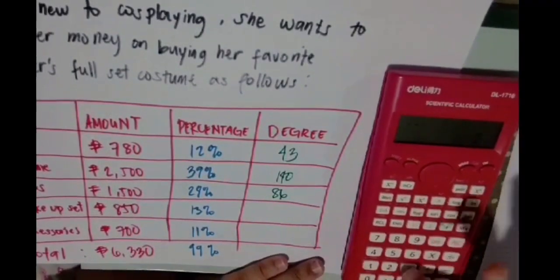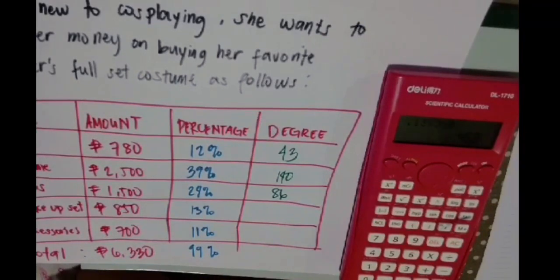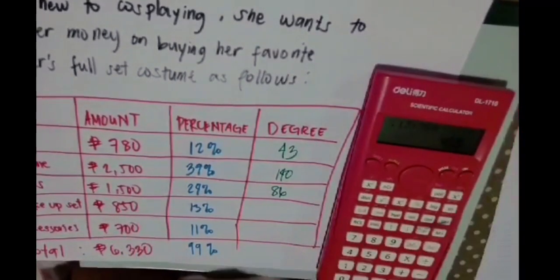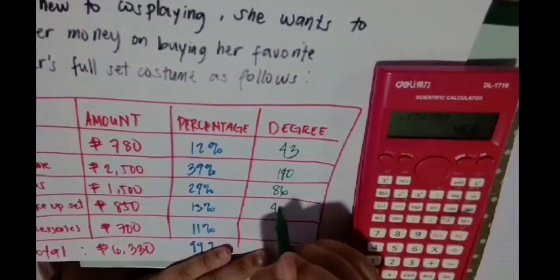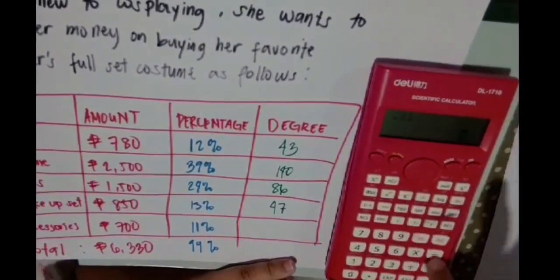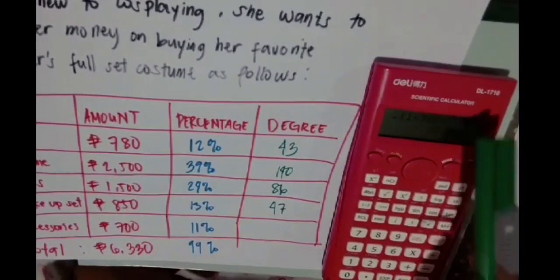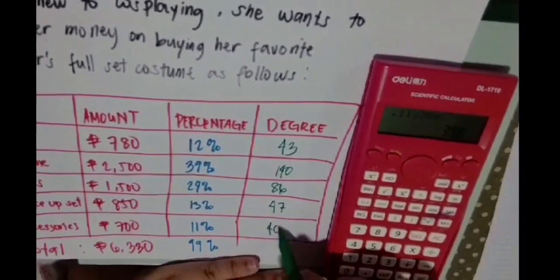Next, 0.13 times 360, we have 46.8, and we need to convert it, so 47. Then lastly, 0.11 times 360, we need to convert this too, so we have 40.